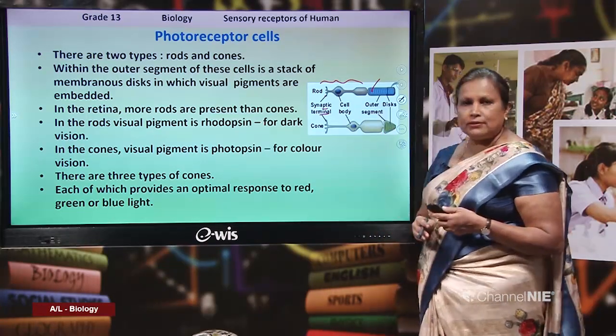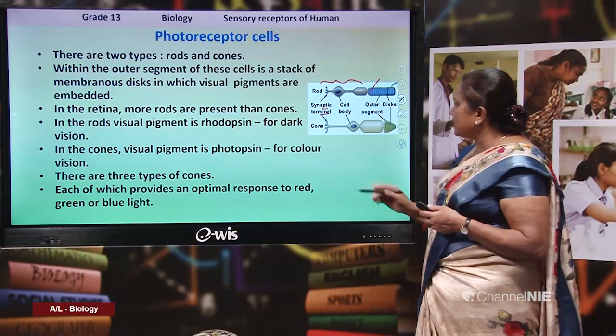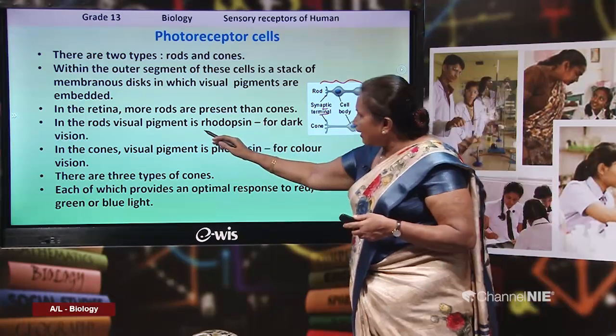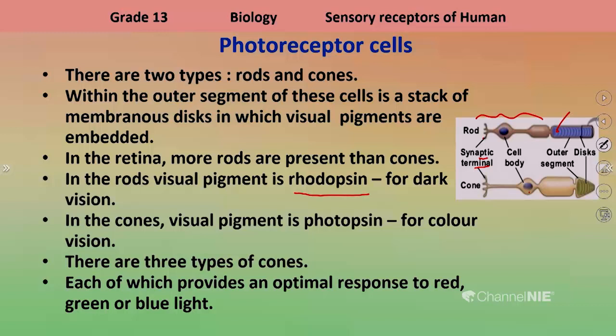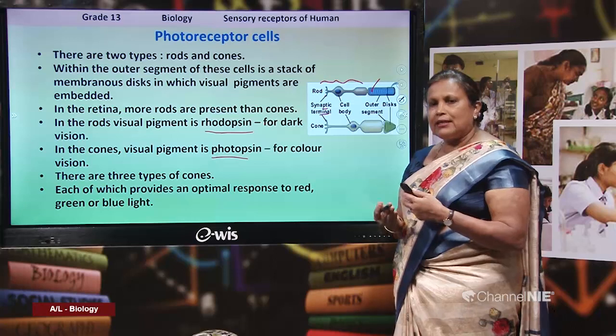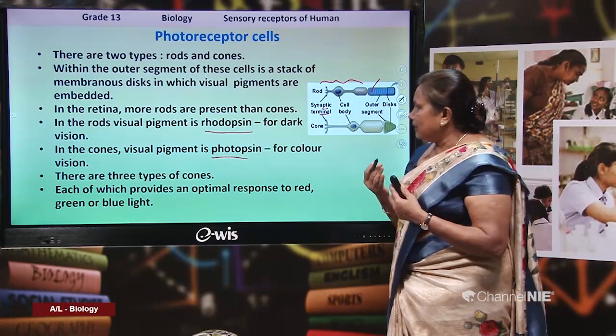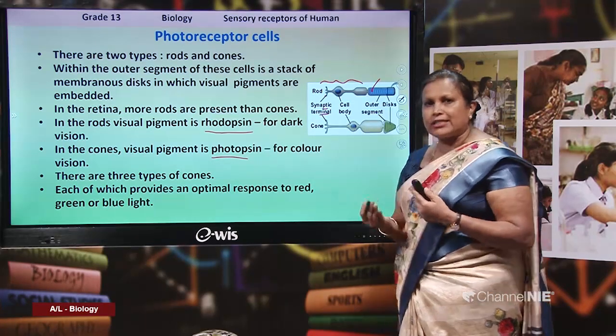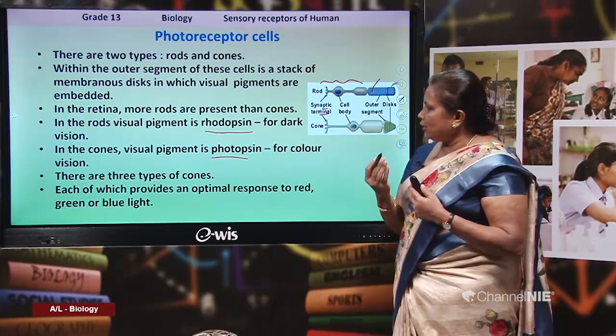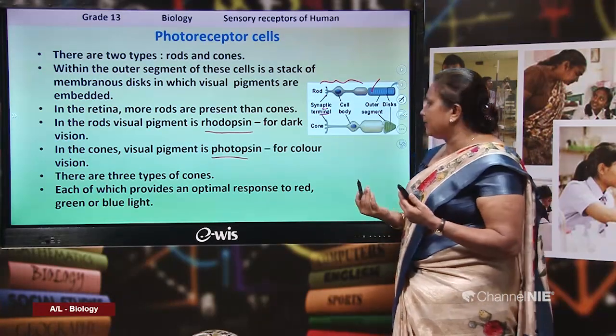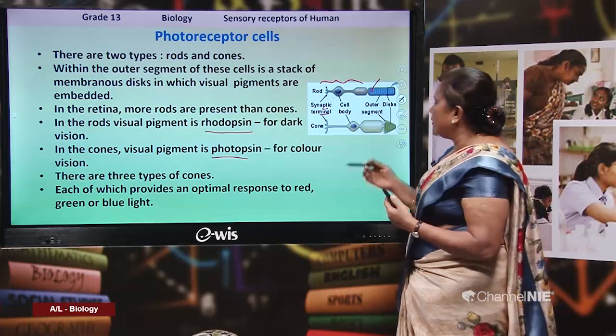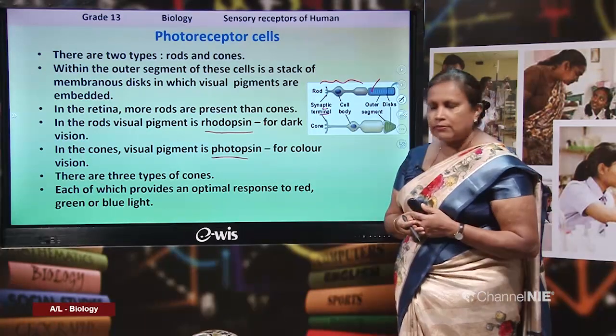Rods have the visual pigment rhodopsin, and the cones have photopsin. These are two different pigments. They change their structure when the special type of light rays are absorbed by these cells.